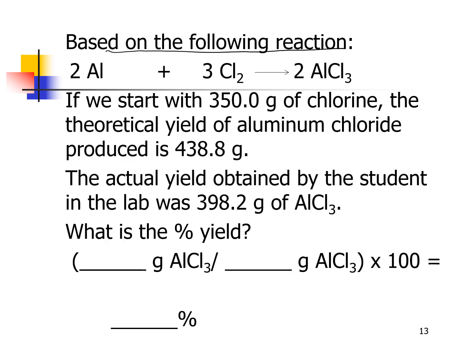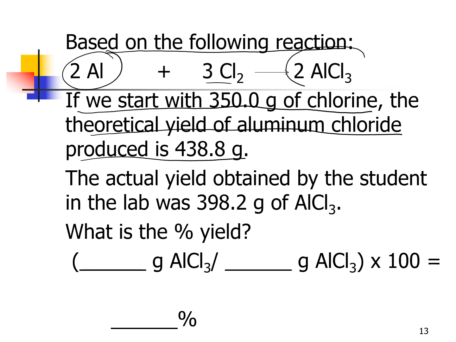Based on the following reaction, if we start with 350 grams of chlorine, the theoretical yield of aluminum chloride produced is 438.8 grams. So we looked at this earlier. We had aluminum reacting with chlorine, producing aluminum chloride. And we produced 438.8 grams.